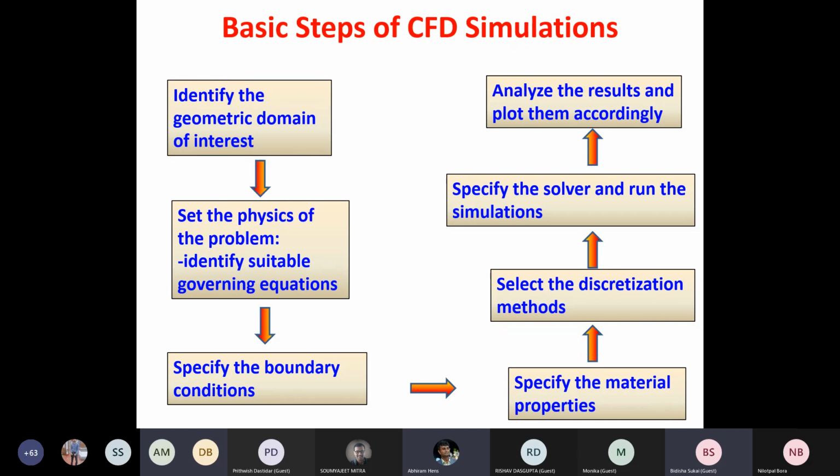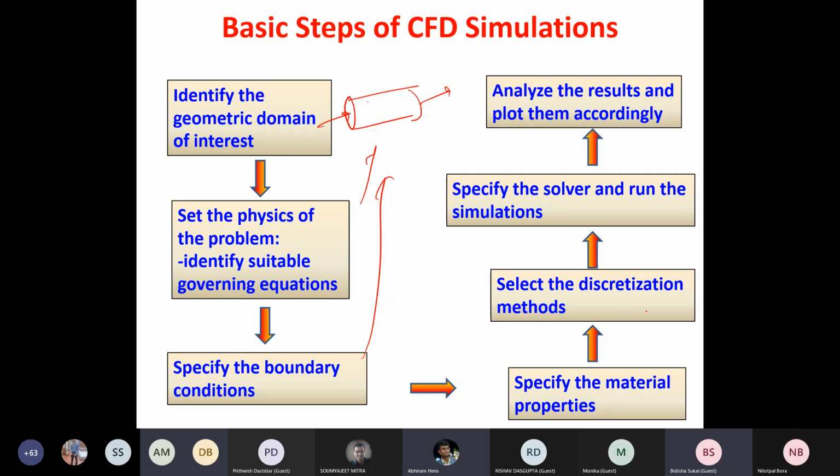So first you identify the geometry. If it is a pipe flow, you just consider this as the geometry. Then you set up the suitable equation; if it is a steady state Navier-Stokes equation, you just select it. Then you specify the boundary conditions: what is the inlet flow, outlet flow, what will be the wall boundary condition, etc. Then specify the material, whether water or air.